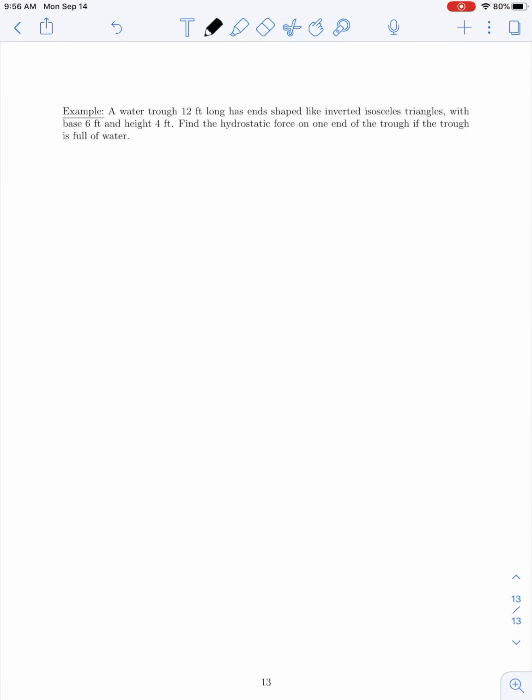In this next problem, we're told that a water trough 12 feet long has ends which are shaped like inverted isosceles triangles with a base of 6 feet and a height of 4 feet. And we're asked to find the hydrostatic force on one end of this trough if the trough is full of water.